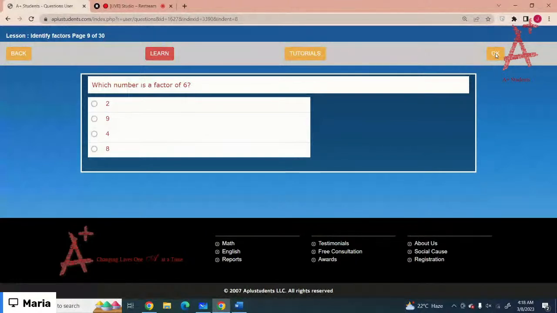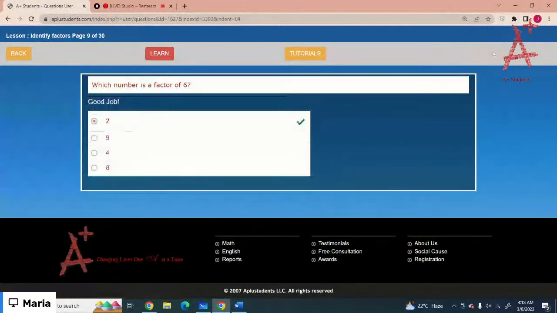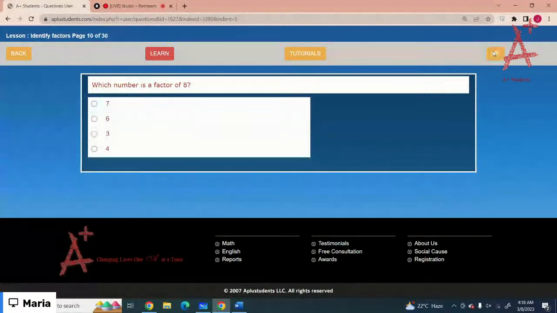Yes, the factor of 6 is 2. Okay, which number is a factor of 8? 4, 7, 6, 3. Which is the correct option? Yes, it is 4. Got it?